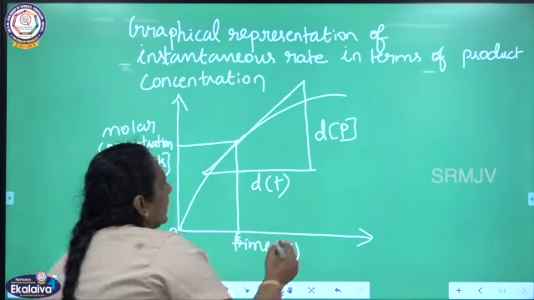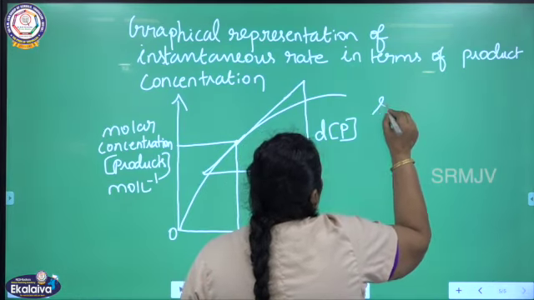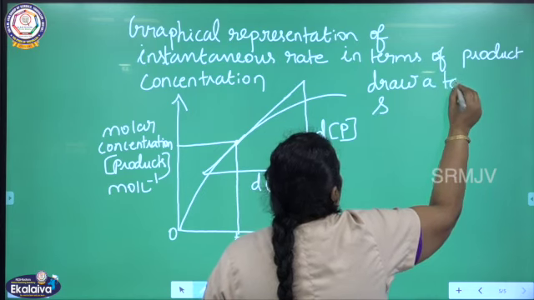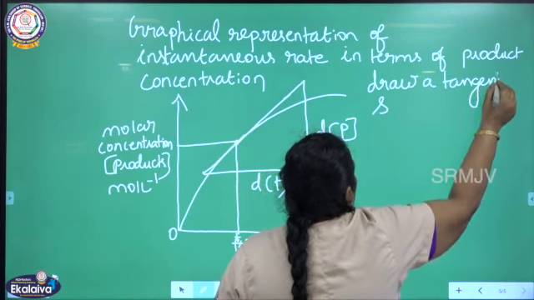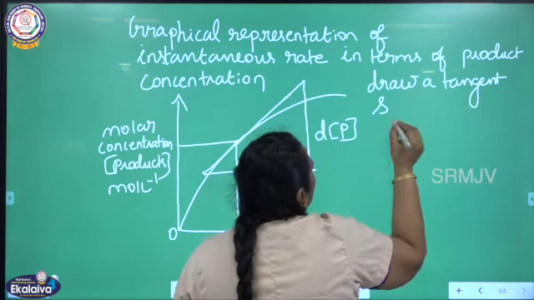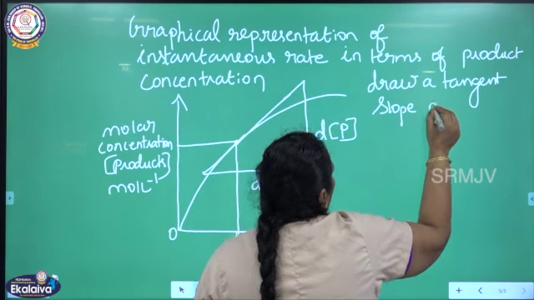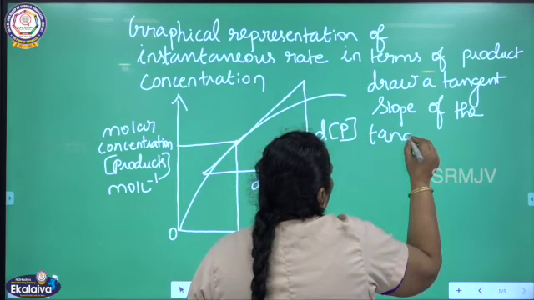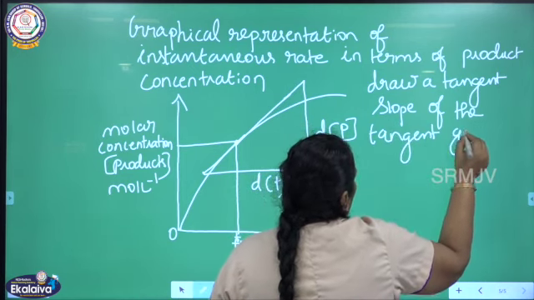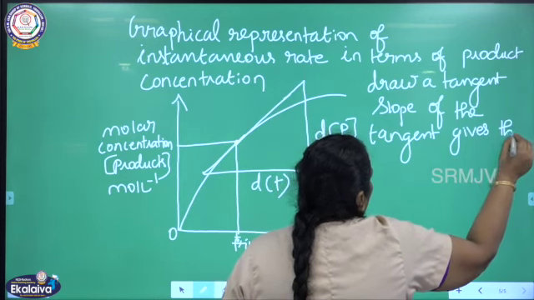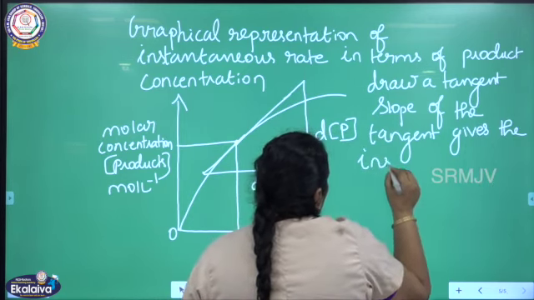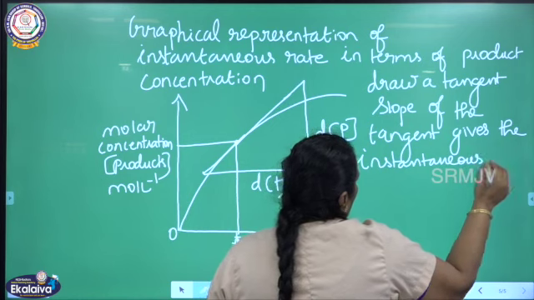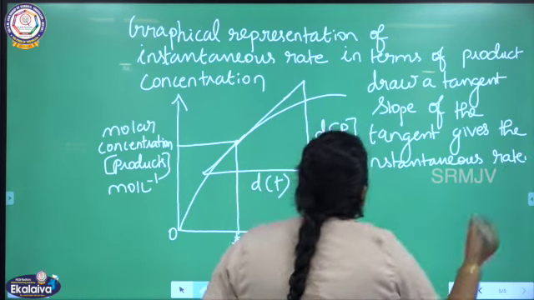So, what is R instantaneous? Here we draw a tangent, and the slope of the tangent gives the instantaneous rate.